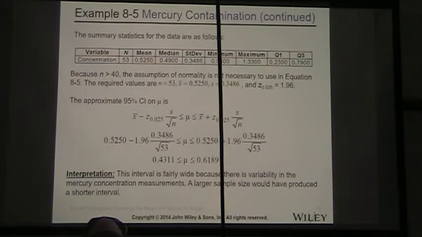We plug in our numbers and, bloody hell, I'm not sure you want me reading those off to you. And we come up with 0.4311 less than or equal to mu, less than or equal to 0.6189.